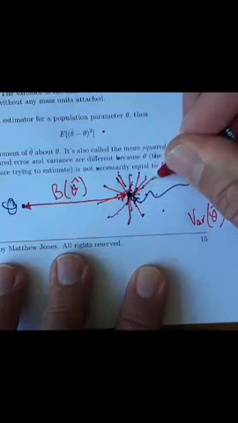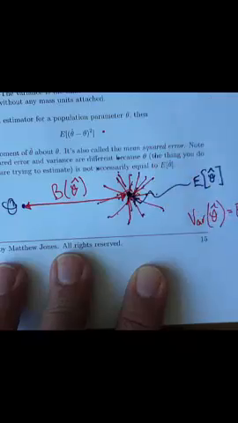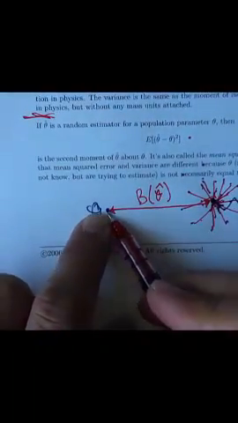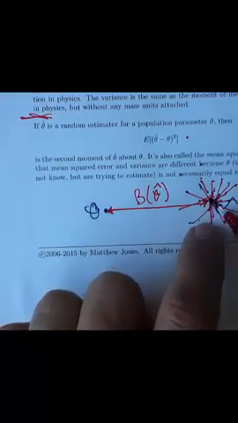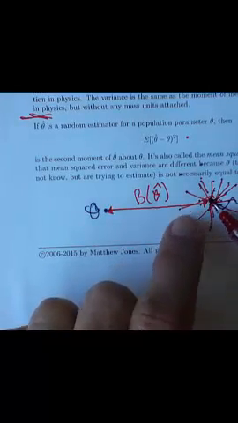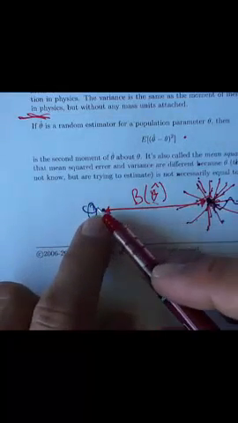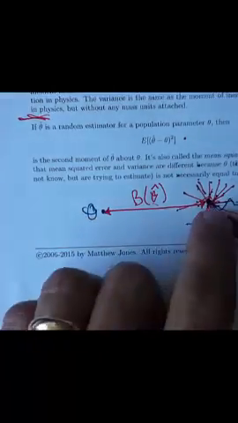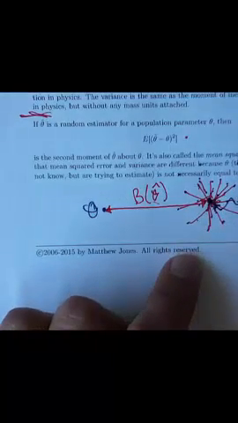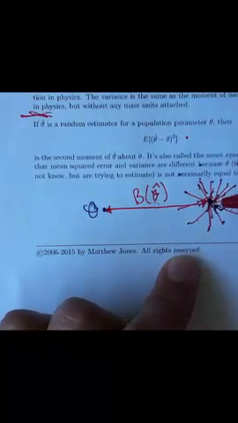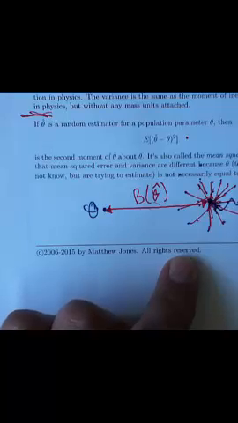So we've got a couple things going on here. Here's the thing we want to estimate, but our estimator is hitting over here for some reason. The difference between our average estimator value and the thing we're trying to estimate is the bias. So it sort of shifted over, and then we have this variation measurement about its center. Now, what about this thing? This thing is called the mean squared error.